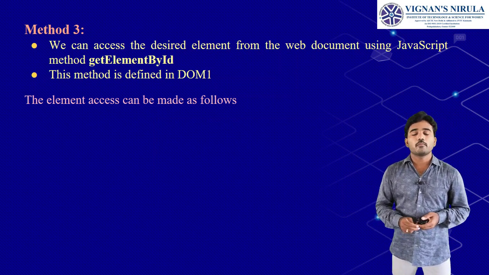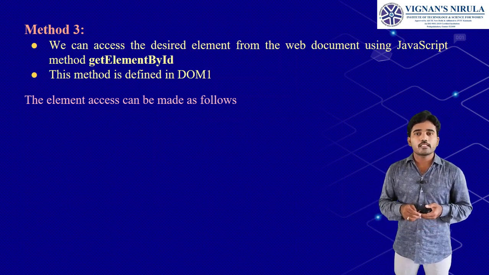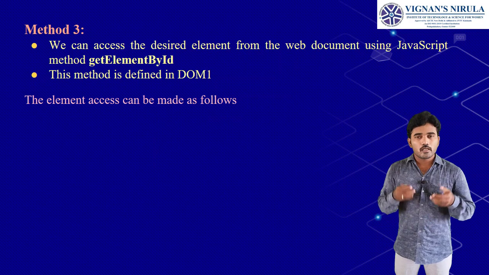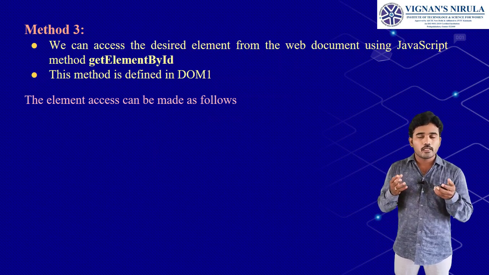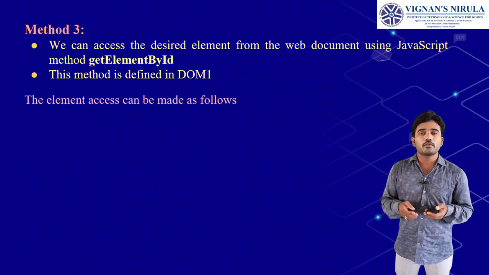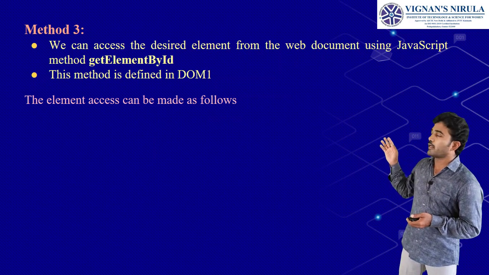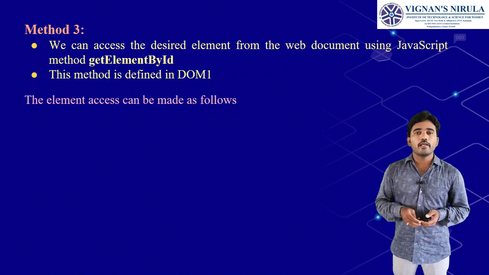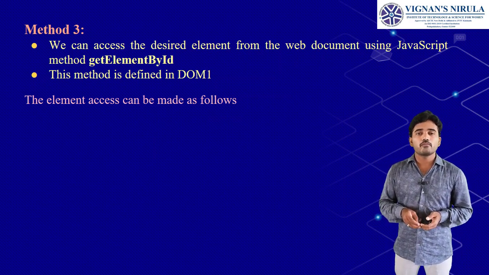We can access the desired element in a respective form in a web document by using the JavaScript method getElementById. This method is defined in the DOM 1 version.